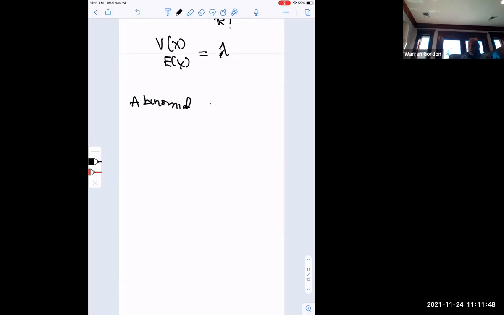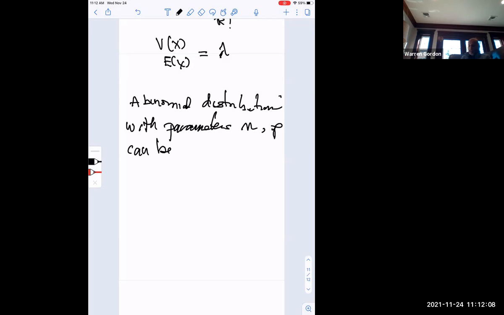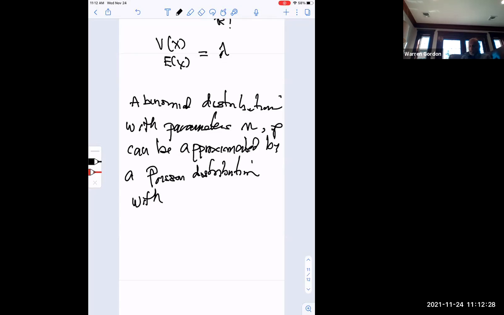A binomial distribution with parameters n and p can be approximated by a Poisson distribution with np equal to lambda. And that's what I'm about to prove.